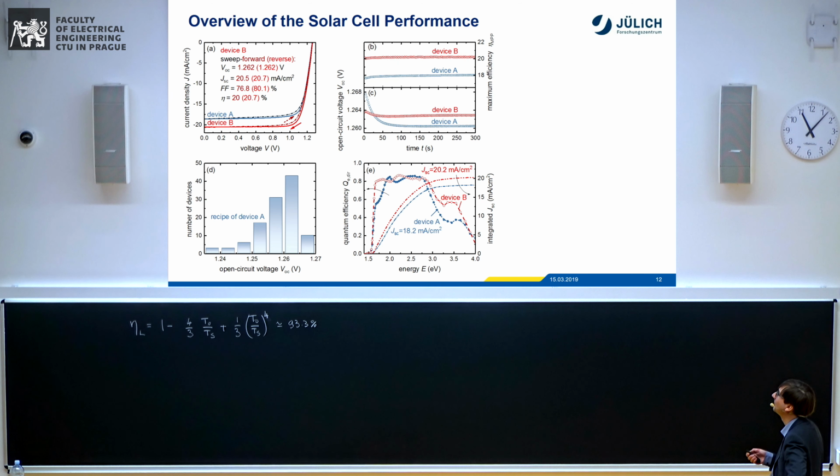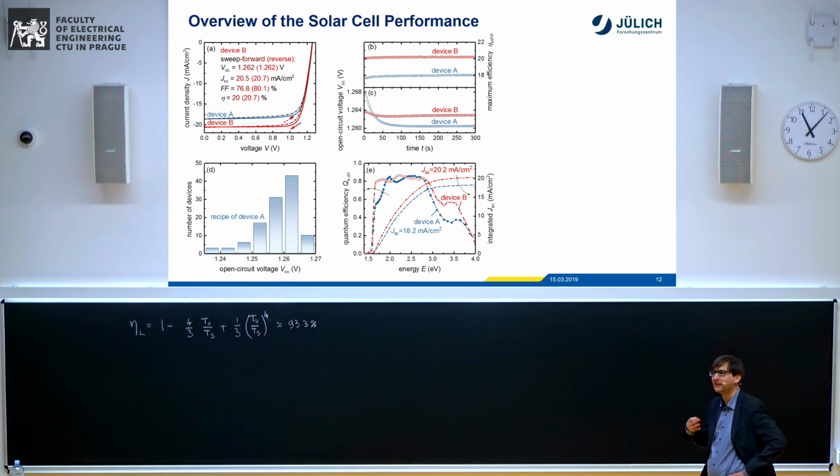Because it's quite thin, we get fill factors that are okay, but not perfect, and the efficiencies are on the order of 20%. Okay, so here you see we have two processes, A and B, where B was trying to get it a little bit thicker, so you harvest more light here in the near infrared and in the blue.